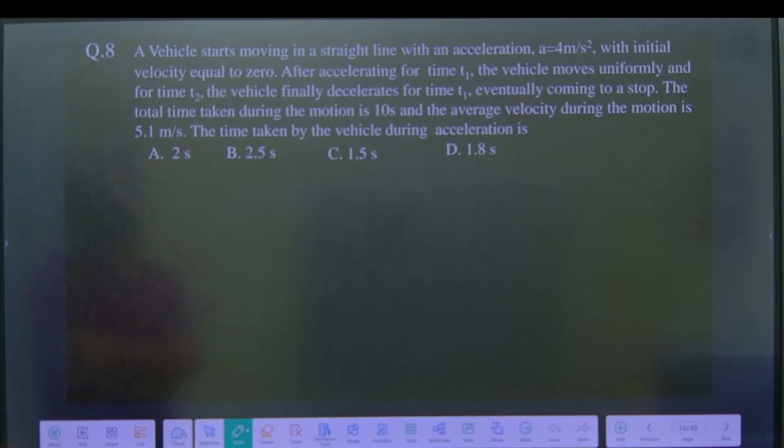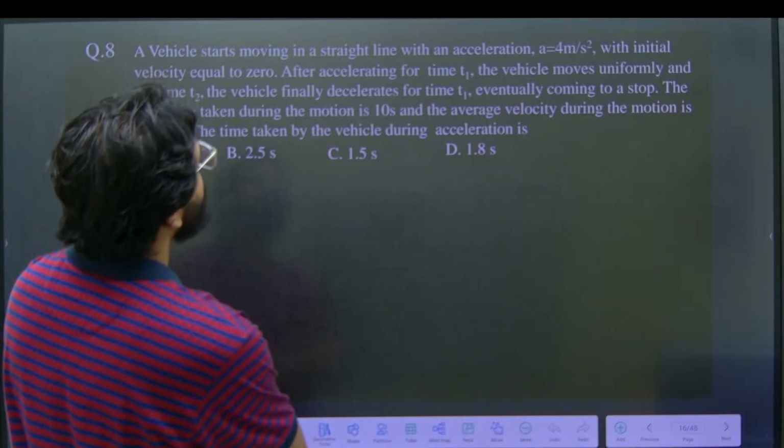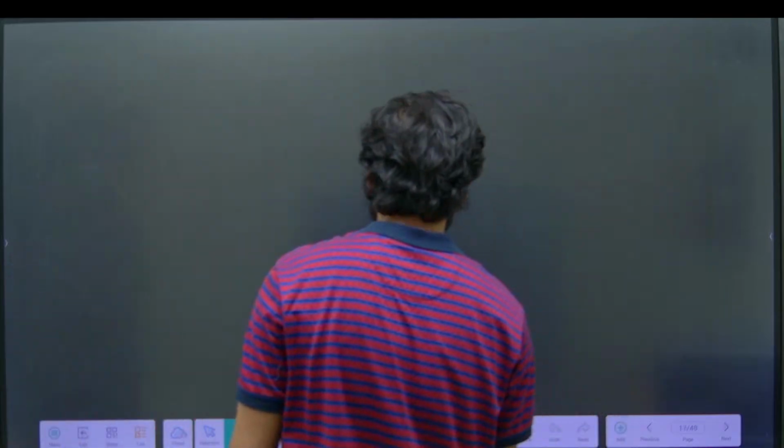The total time taken during the motion is 10 seconds and the average velocity during the time is 5.1 meter per second. The time taken by the vehicle during acceleration is?